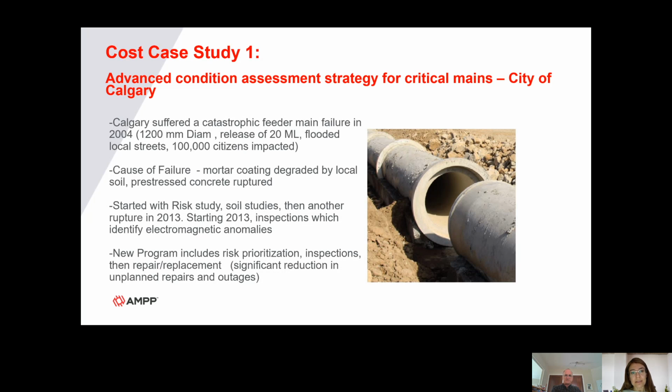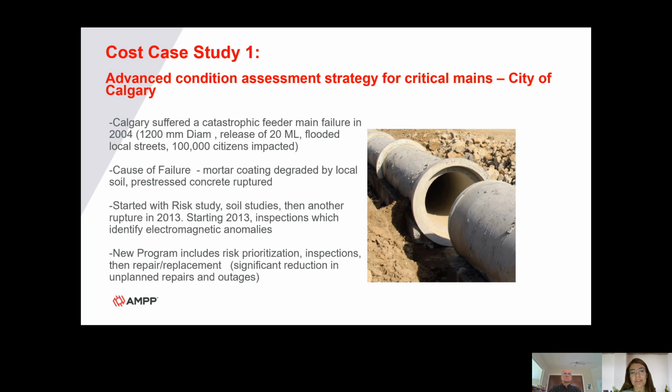About 100,000 citizens were impacted. Then the cause of failure was investigated, and they said it's the local soil that contributed to this. So they started a whole program of managing the risk, studying the soil, and perhaps looking at what other areas could have the same problem.